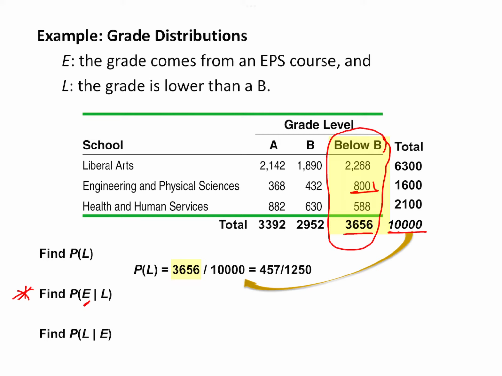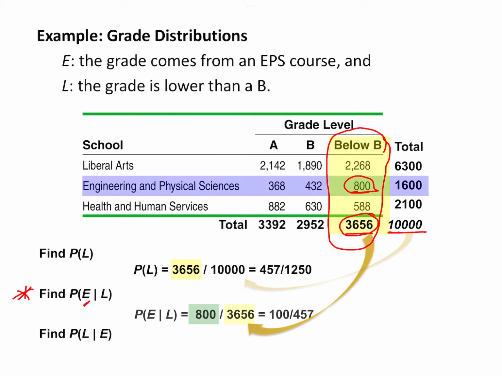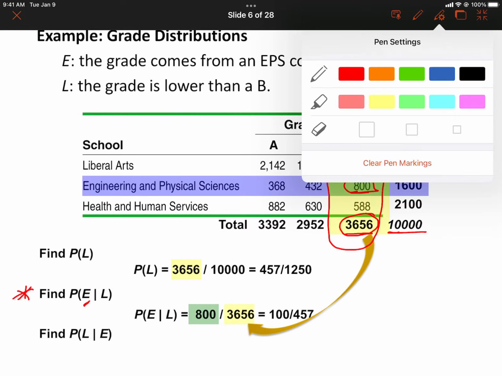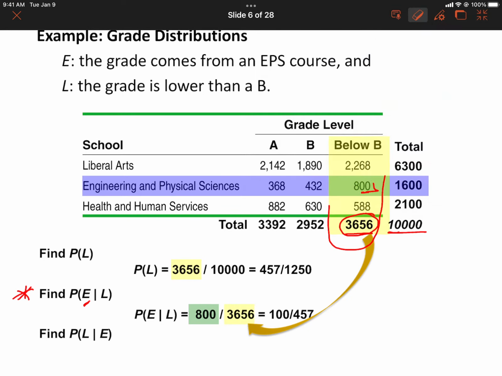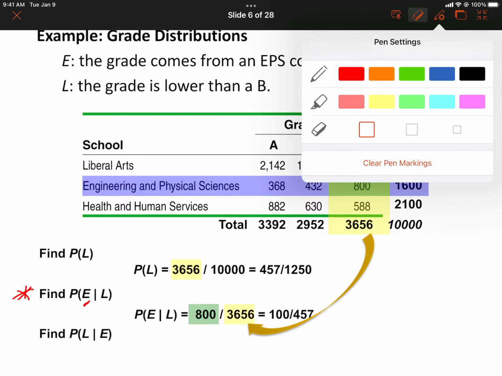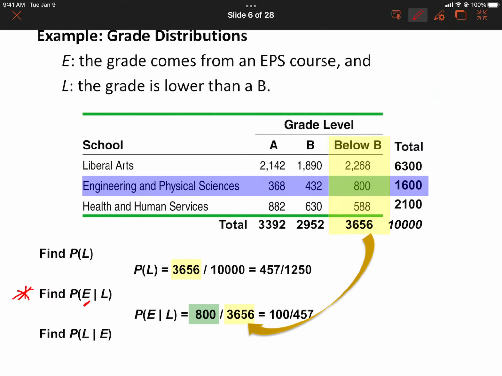So here, 800 out of 3656. Our total changes because we only care about the below a B ones. So that's going to change when we're given different information. So let me erase this here. So our next one, if I want to find the probability of L given E, now I'm given the engineering and physical science.